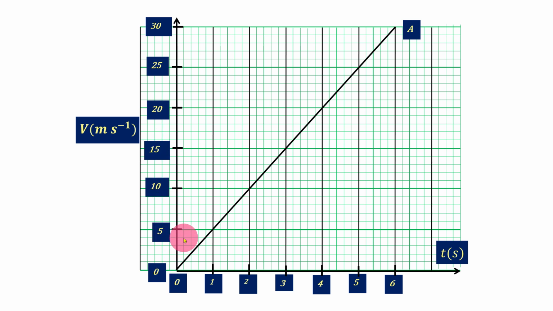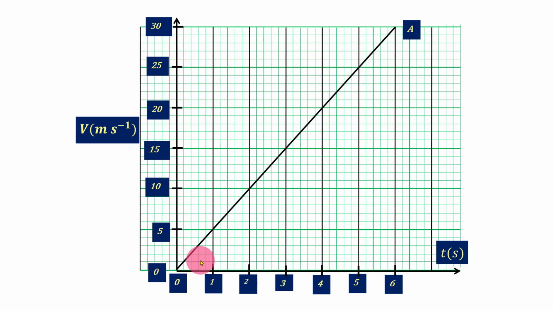These are just values I can use, so long as I make sure that one large box represents a given velocity, for example 5 meters per second. On the t-axis, one large box represents 1 second. These are just by choice; you could choose any other values.